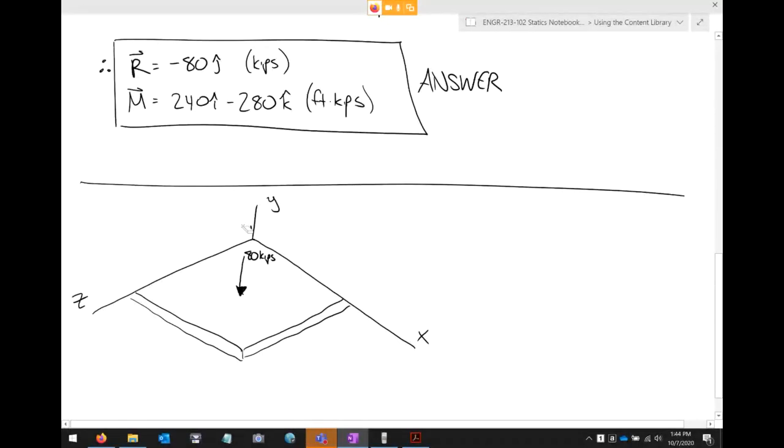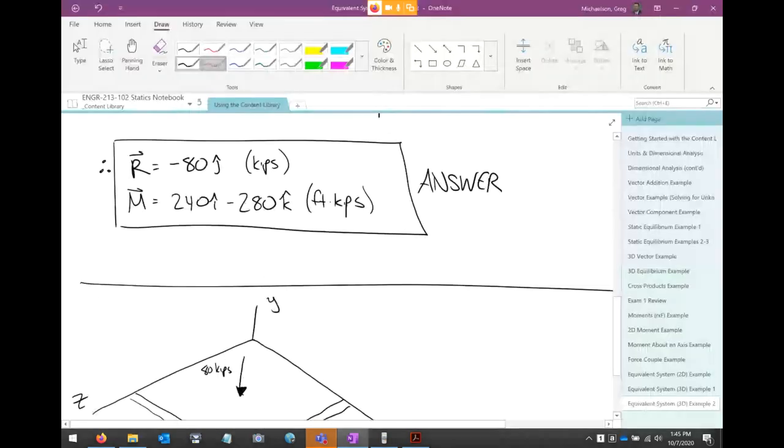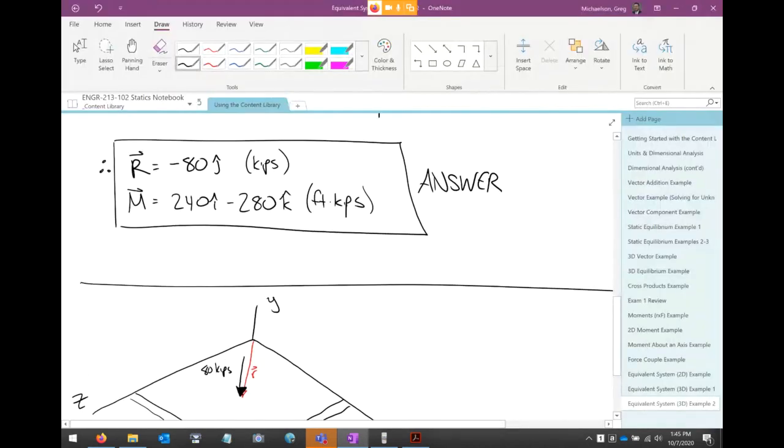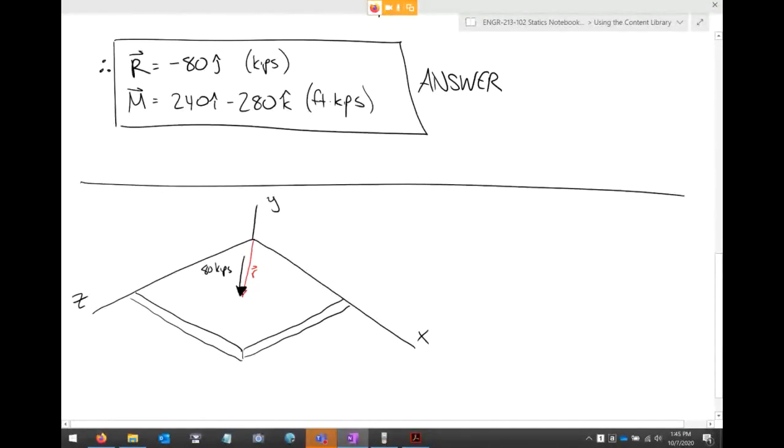Well, let's see if we can investigate that. So maybe the first thing we ought to do, let me erase this, put it right here, is see if we can figure out what this position vector is. I'm going to leave that position vector in variable form.